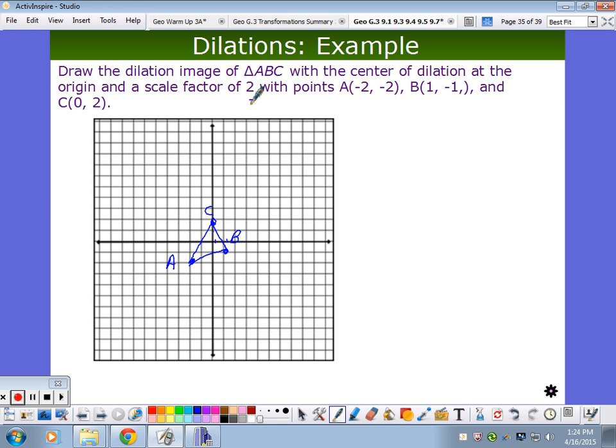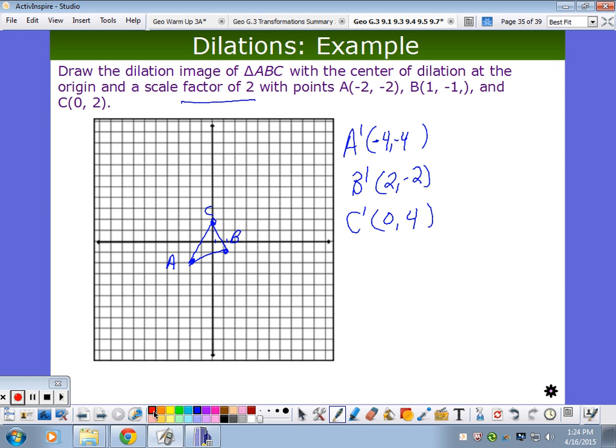Reading the question, it says we want to dilate with a scale factor of 2. So to create my transformed points, I'm going to multiply the x's by 2 and the y's by 2. So -2, -2 becomes -4, -4. This guy becomes 2, -2. This guy becomes 0, 4.